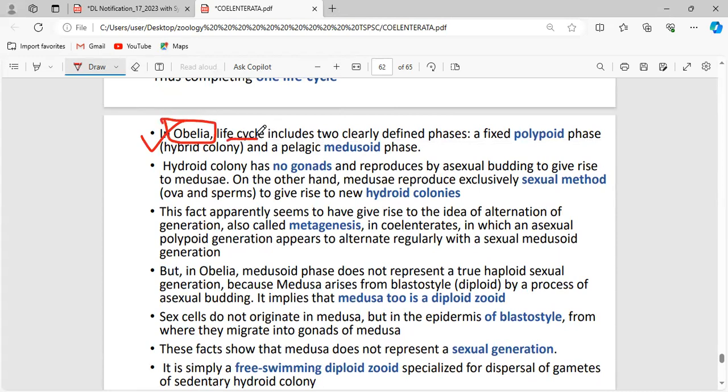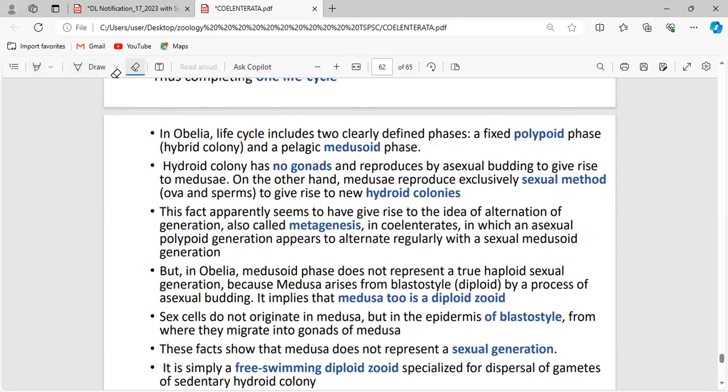In Obelia, the life cycle includes two clearly defined phases, one asexual and one sexual. That is the polyp and the pelagic medusa phase. Because the polyp is asexual reproduction and the medusa is the sexual reproduction. Now, the hydroid colony has no gonads.